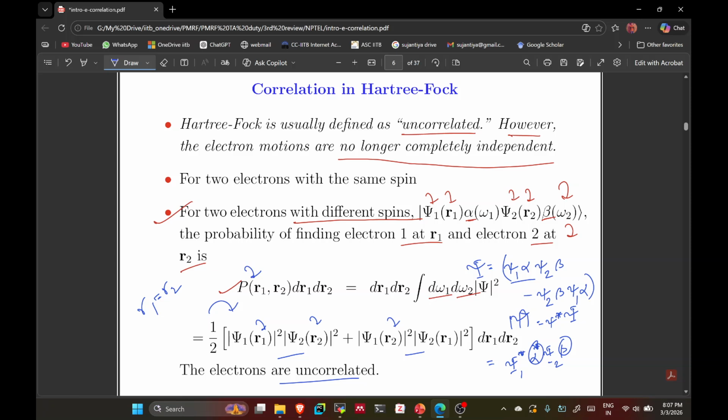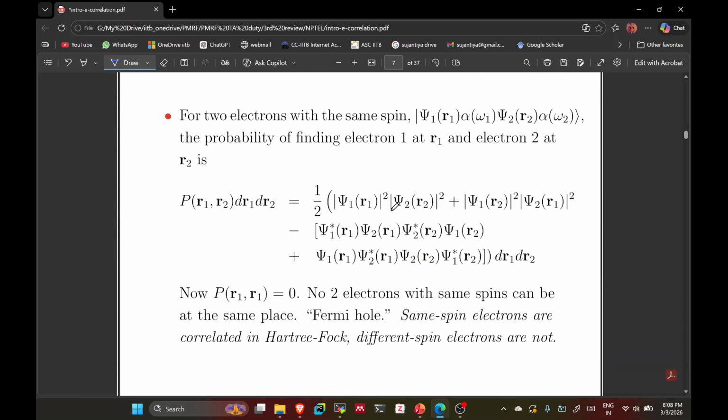But in the actual picture, the two electrons, because of their negative charge, can never occupy the same spatial part. So that means the electrons are uncorrelated here.